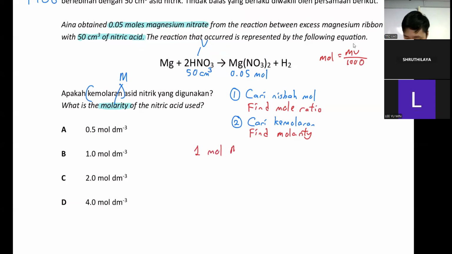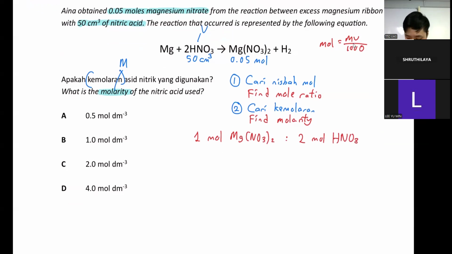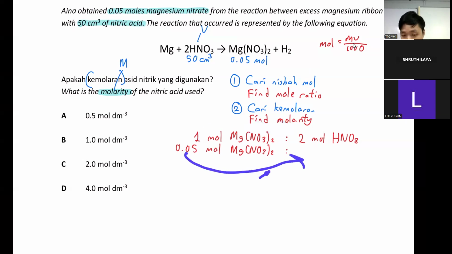So if you got 0.05 mole of magnesium nitrate, 0.05 times 2 become 0.1 mole of nitric acid.